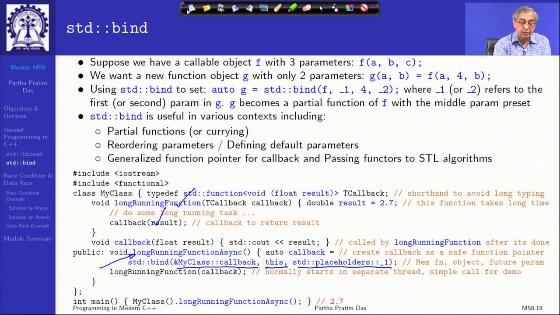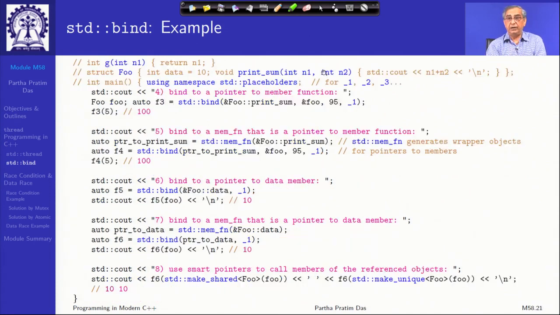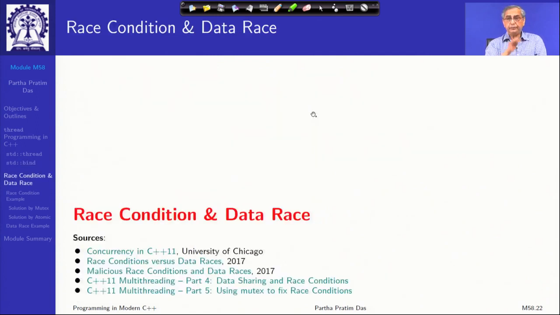Just try this out, this is good fun, and in the next 2 slides I have given different situations for bind, which you may try out. This is not core thread programming, but I thought that bind is so widely used in creating function objects for threads that you should be more familiar with it. So, I have given a detailed example for you to try.